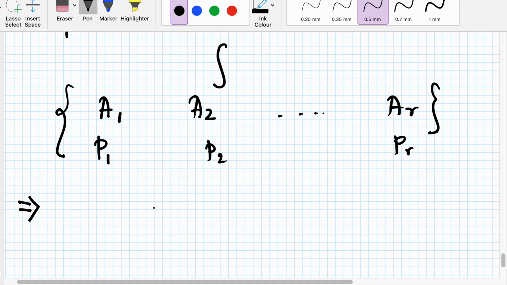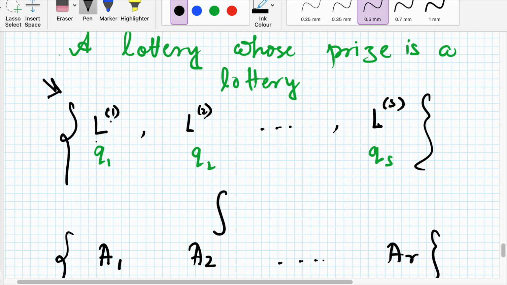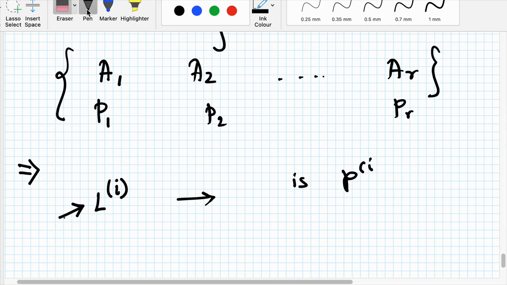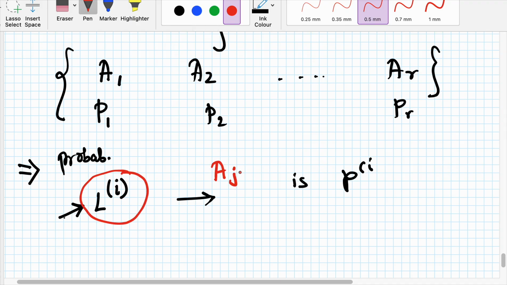What does this probability law say? In the lottery LI, the probability that the prize will be AJ is PIJ.